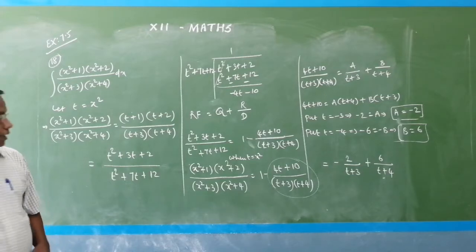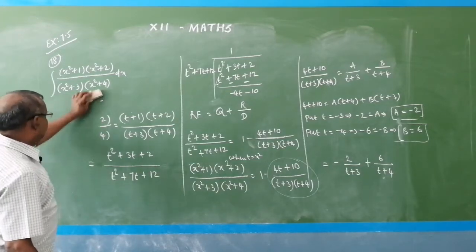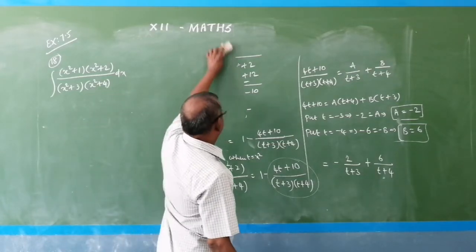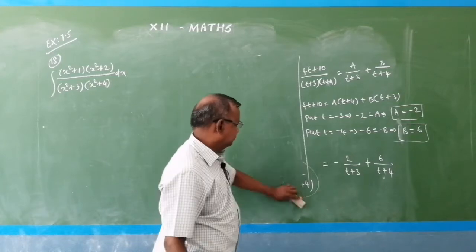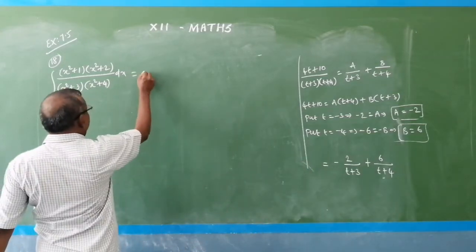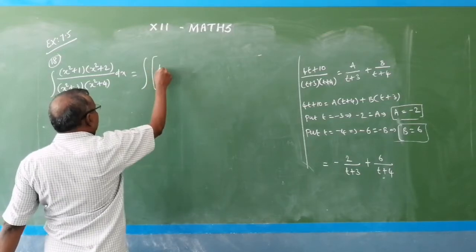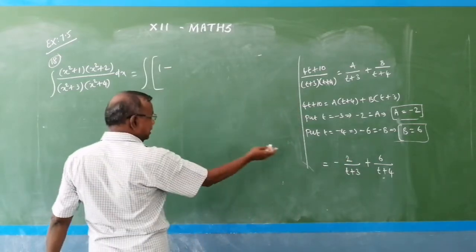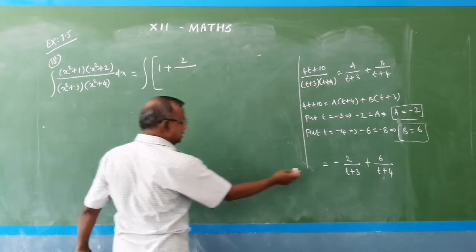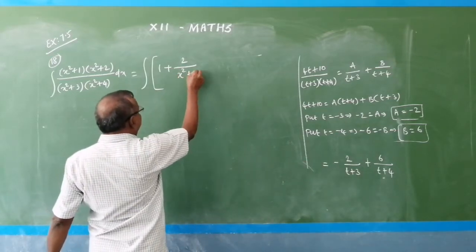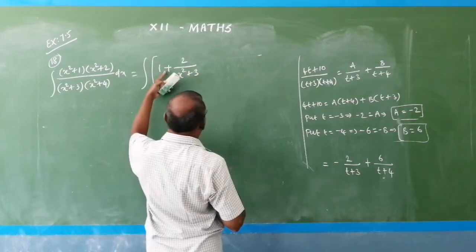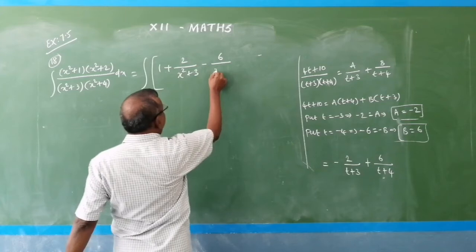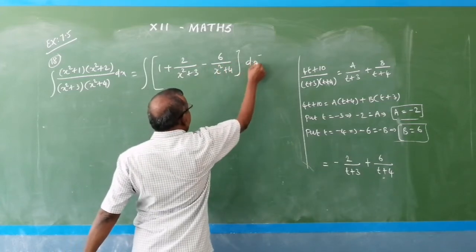Now the entire function can be written as the integral of 1 minus, and this part a, that is minus of minus, plus 2 divided by, instead of t we can write x square, so x square plus 3, and the minus here, one minus applied to this minus 6 divided by x square plus 4, dx.